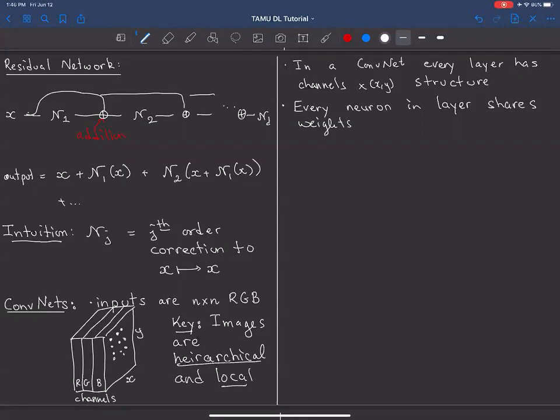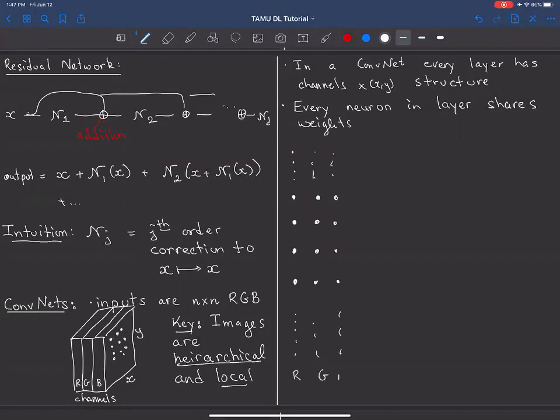So let me try to draw, to the best of my limited drawing ability, what a convolutional layer looks like. Let's imagine that, just so that I don't have to keep drawing three-dimensional images, I have a one-dimensional image. I still have three channels. I'm drawing the red, green, blue color channels of my image, but now I just have an X direction.